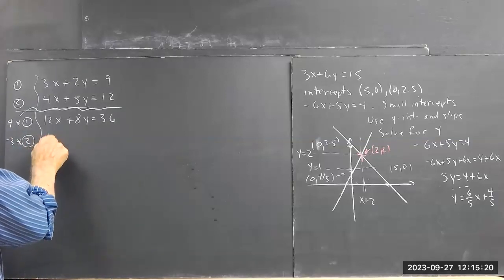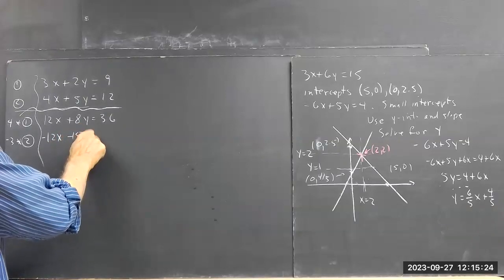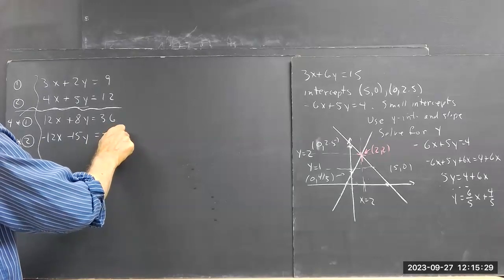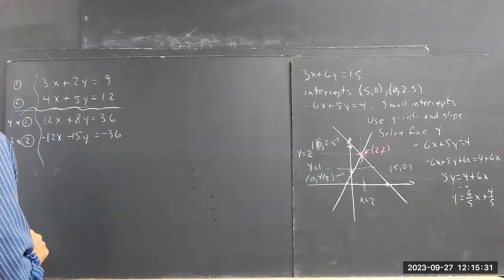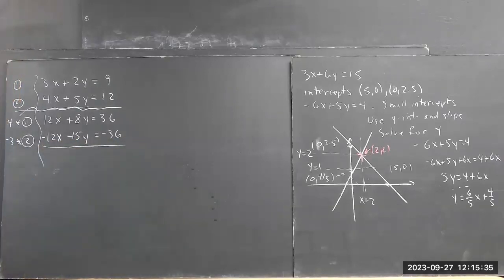And I'm going to get negative 12x minus 15y equals negative 36. Oh, that was an interesting combination. I wrote down those numbers kind of randomly. It turns out that the numbers here are going to give me 0. Anyhow, okay. Do we understand why I did that?